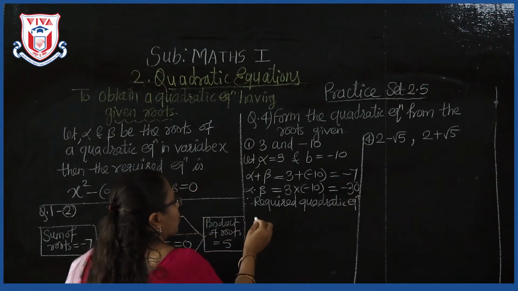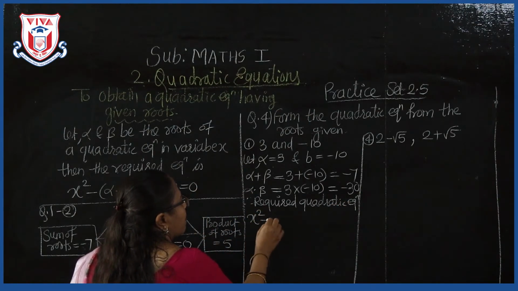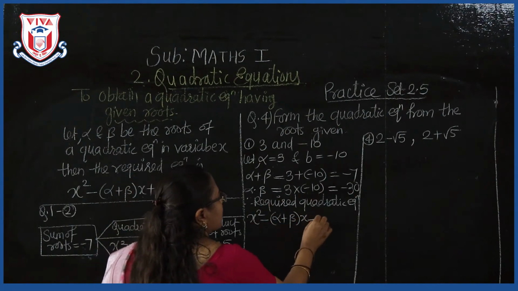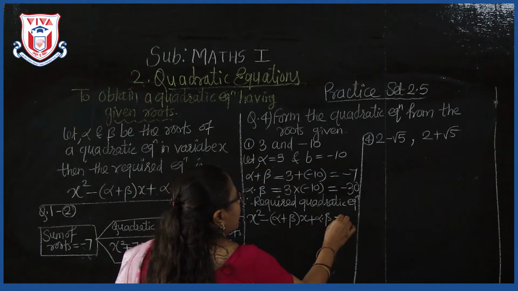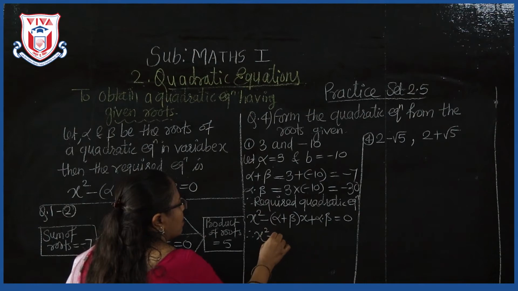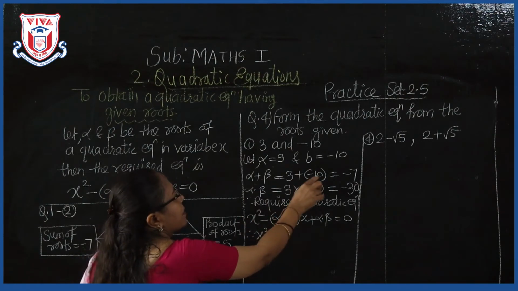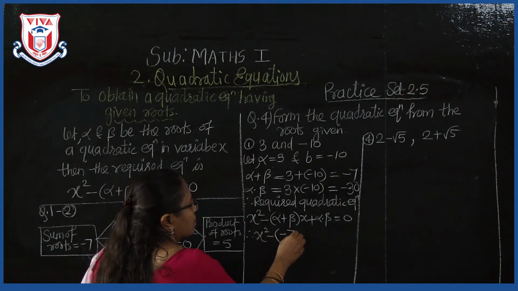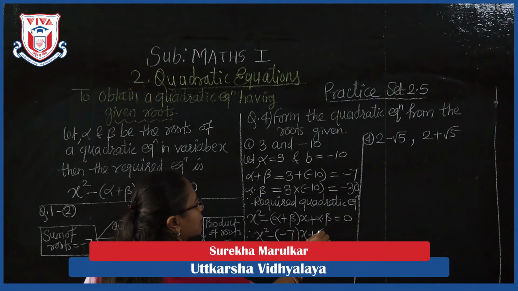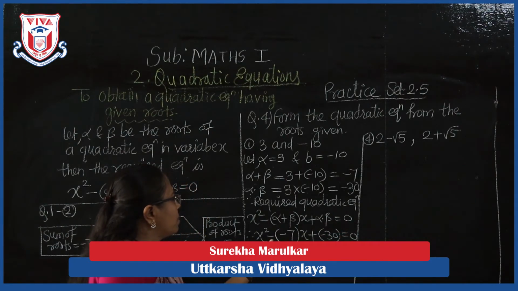We will write first the formula: x square minus (alpha plus beta) into x plus alpha into beta equal to 0. Therefore, x square minus (alpha plus beta equal to minus 7) x plus (alpha into beta equal to minus 30) equal to 0.